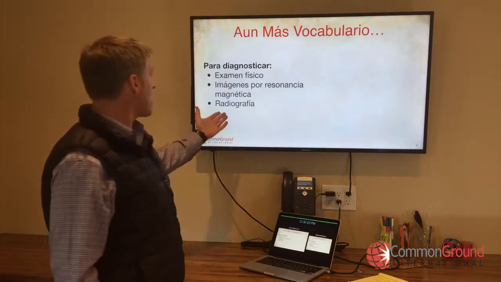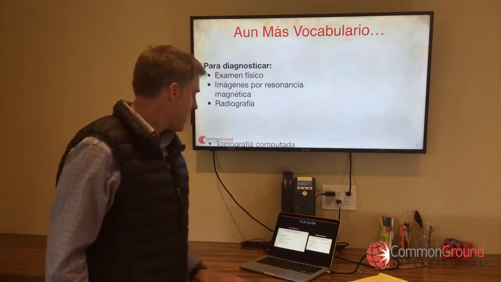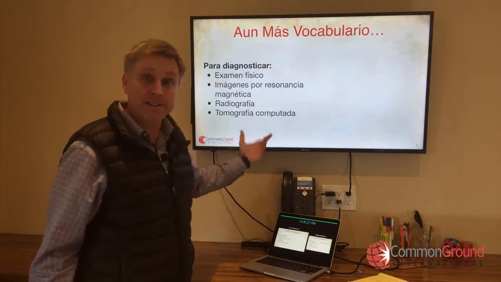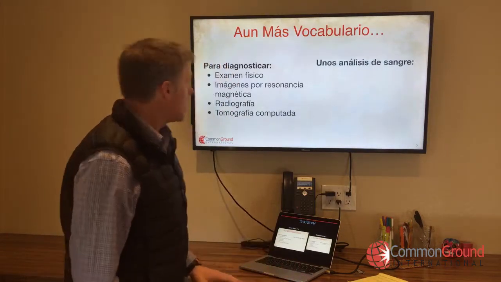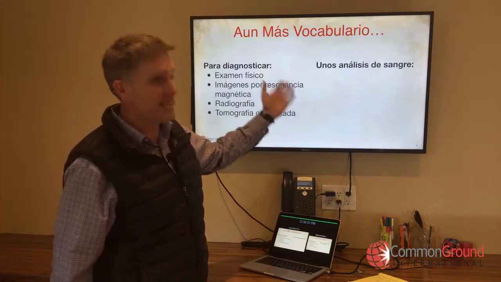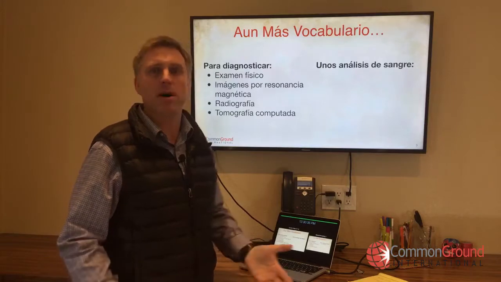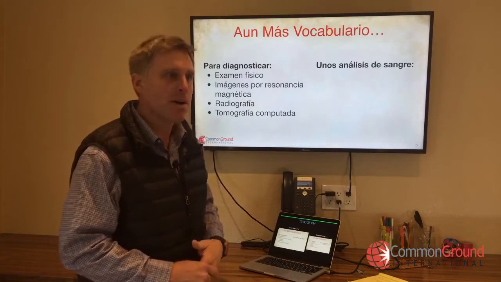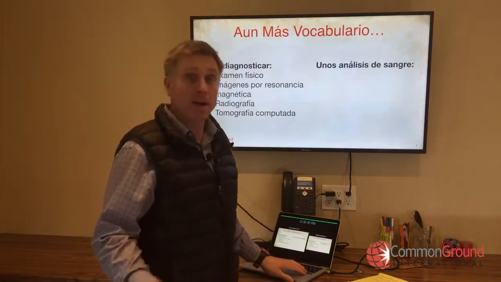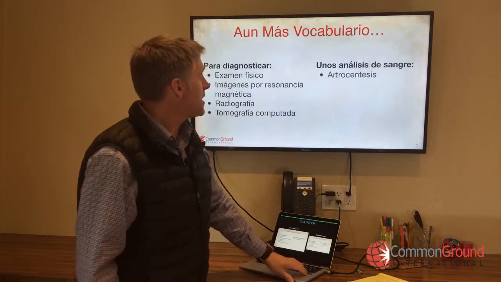Okay, radiografía, x-rays, tomografía computada, CT scan. Okay, now unos análisis de sangre, not necessarily with the sports injury, but some other problems that could come up or could be causing knee pain. ¿Verdad?